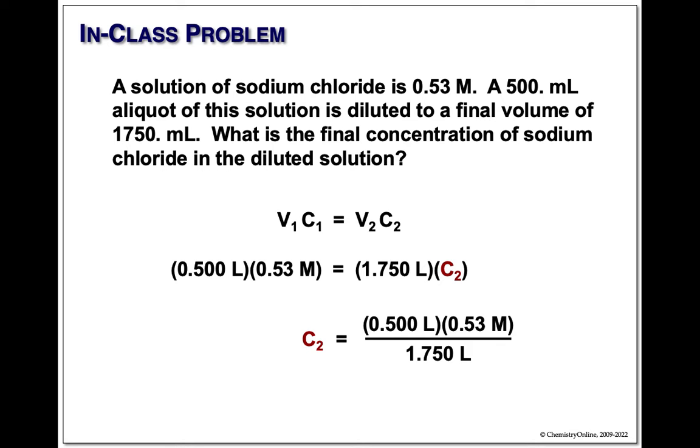On our calculator, 0.5 times 0.53 divided by 1.75, 0.15 moles per liter.